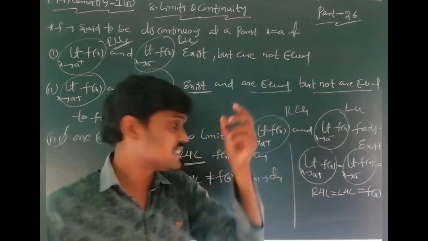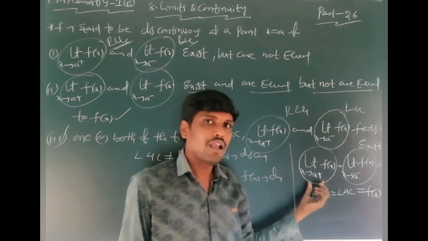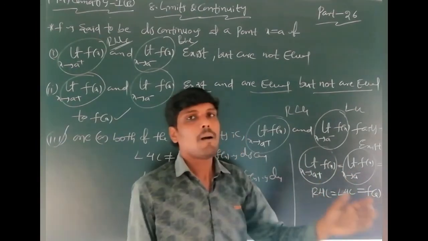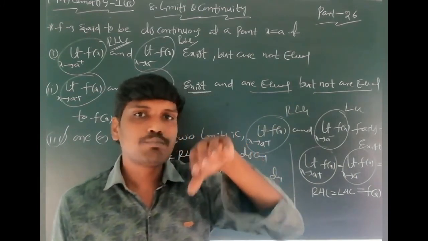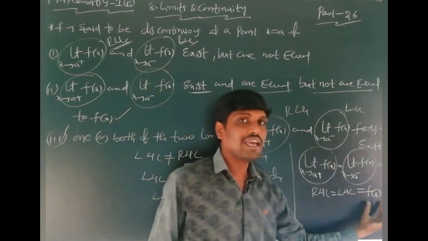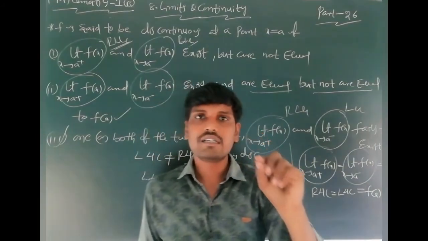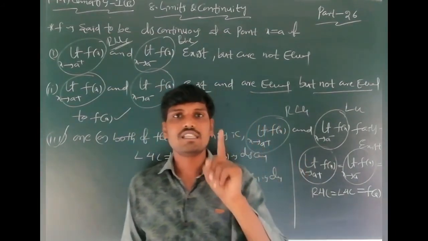See students, this is very important. Left hand limit exists, right hand limit also exists. Both are equal. These both values are equal to f of a. In this case only f of x is continuous at x is equal to a.